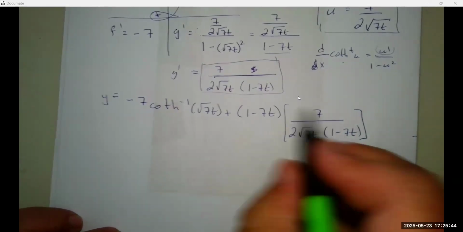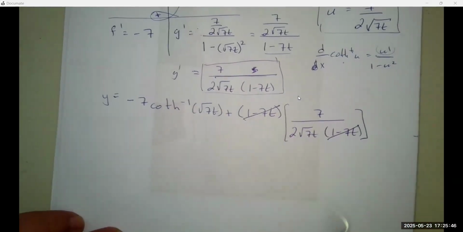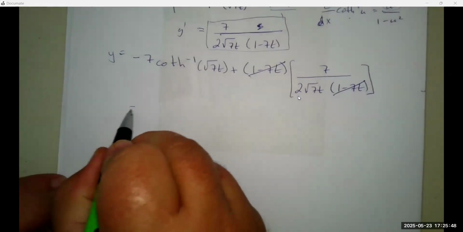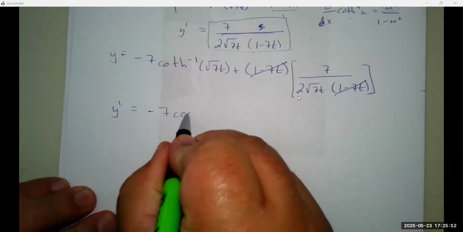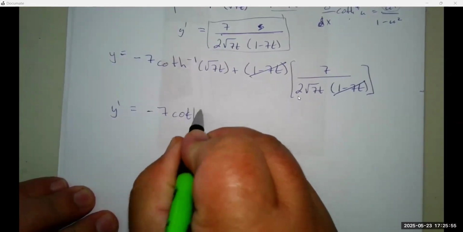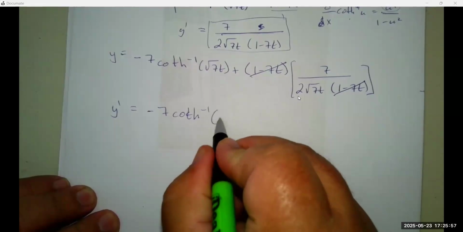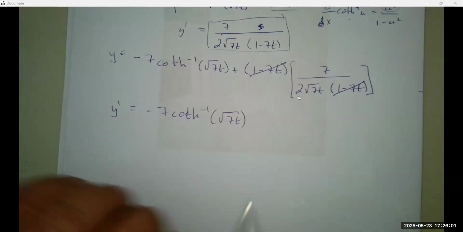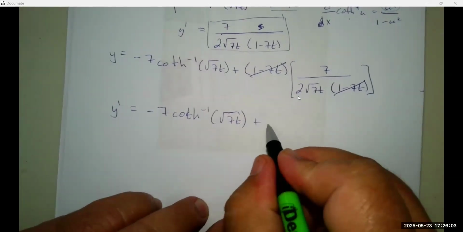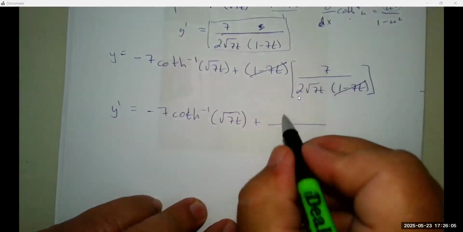Since these are multiplied, this and this cancel. So that leaves negative 7 inverse hyperbolic cotangent of radical 7t plus, those are canceled.